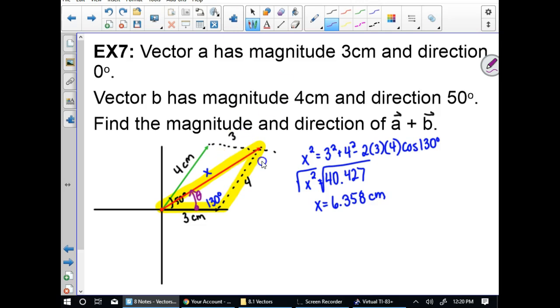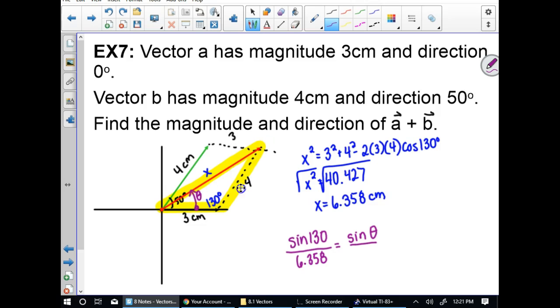Now what I'm going to need to do is use law of sines. I just found x, so I could say that sine of 130 over the x that I just found, which is 6.358, but I'm going to use that value I stored in my calculator, equals sine of theta over, Nathan, which side do we have across from our theta here?